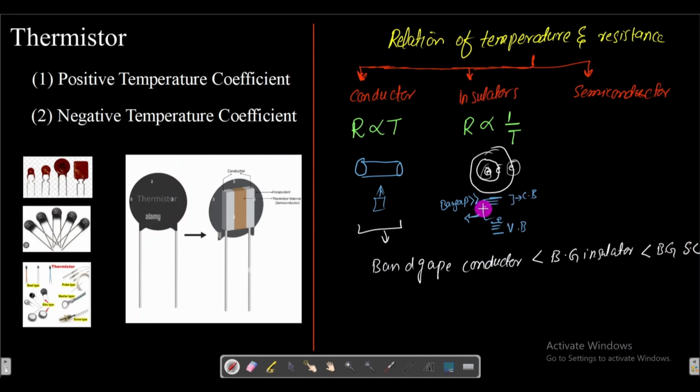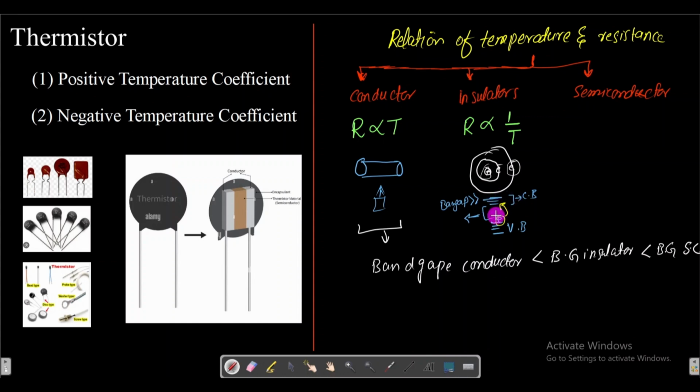If the electrons are present in the valence band and not in the conduction band, their resistance is very high. In this case, if we provide external temperature, these electrons will get energy and jump to the conduction band.